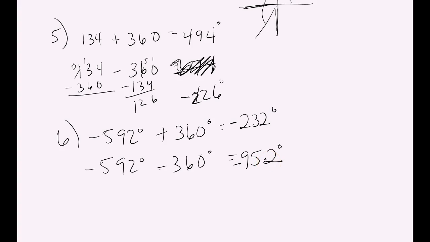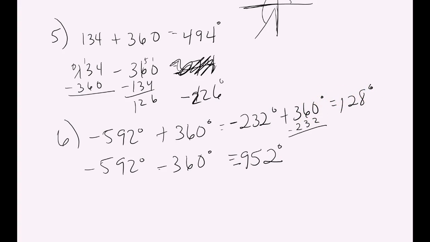So this wanted a positive answer and a negative answer, so see how both of ours are negative? You're supposed to add 360 again so that you can pop yourself into positive land. And so whenever you do that, you will get 128.